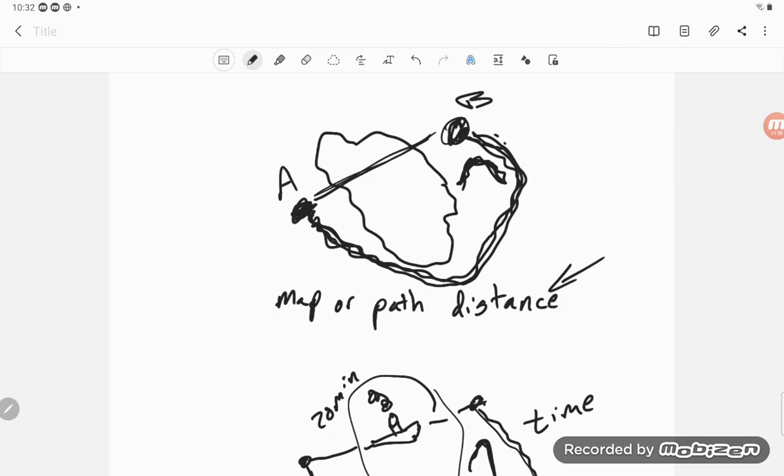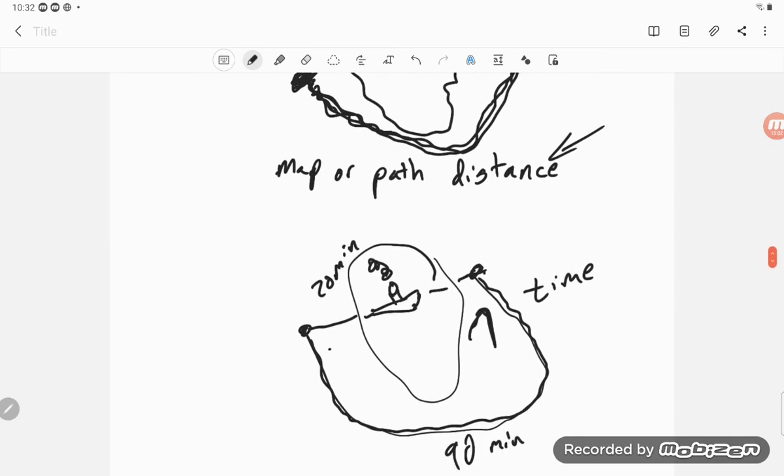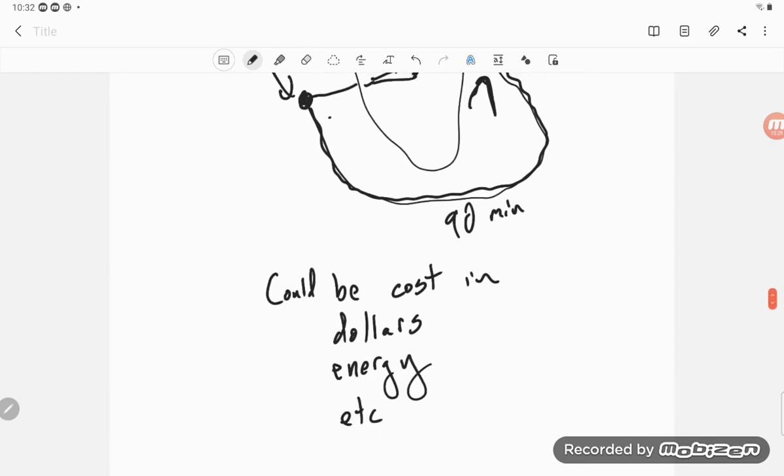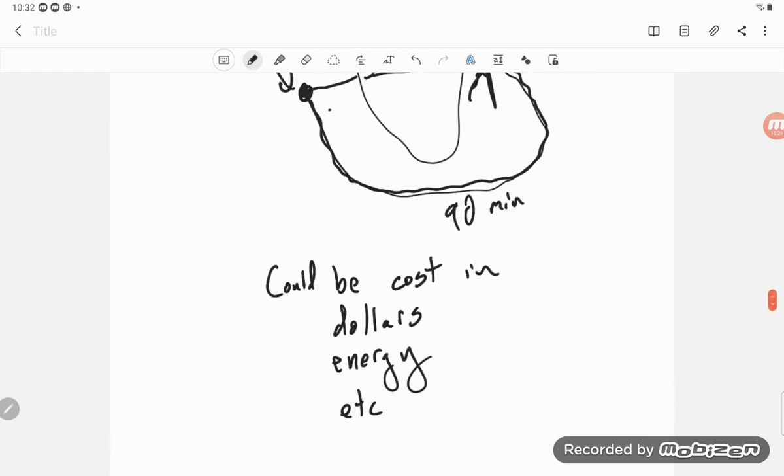But even then, it could be a little more complicated because there may be more than one way of getting from this point to this point over here. And it may be a difference in distance, but it may not be. It may be a difference in time, or energy or cost in dollars or something like that.